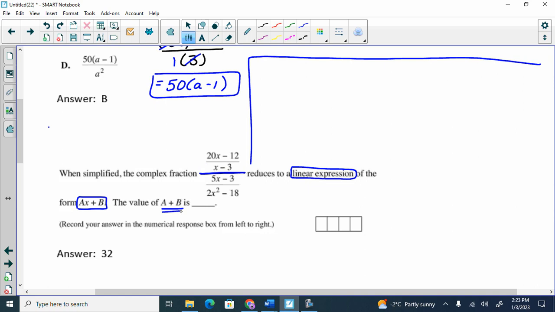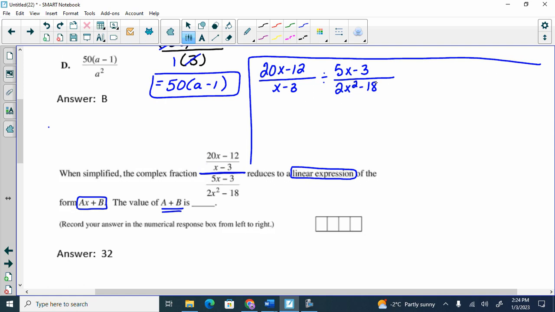Okay. So we're going to get (20x minus 12) all over (x minus 3) divided by (5x minus 3) all over (2x squared minus 18).